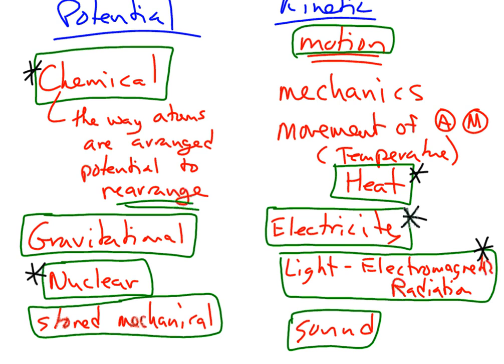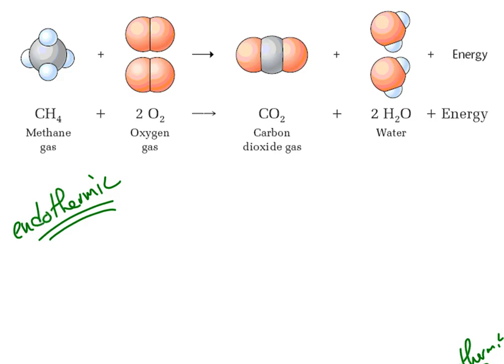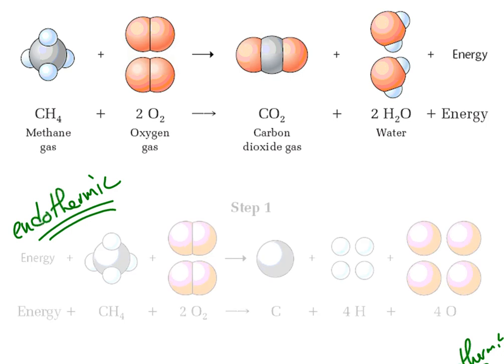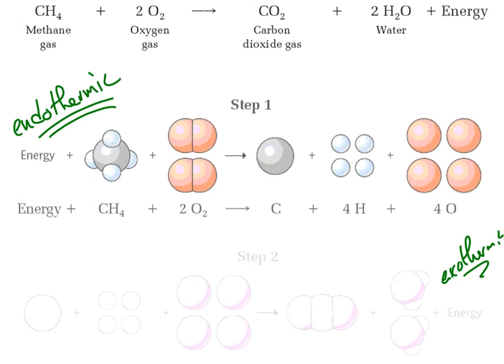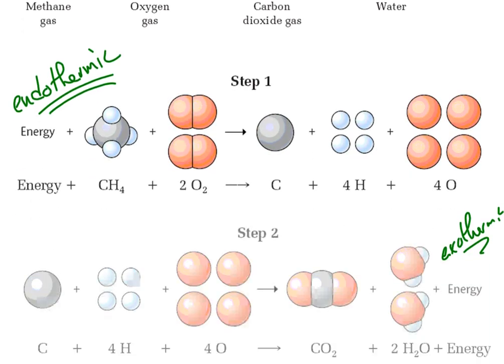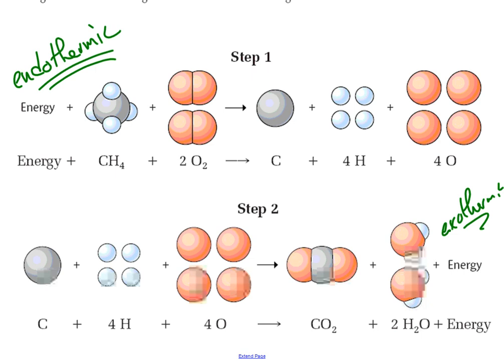All right. And then we had our pictures here. And remember what we tried to do? We spent a lot of time working on this. When you look at a reaction like this, you want to think of it in two parts.